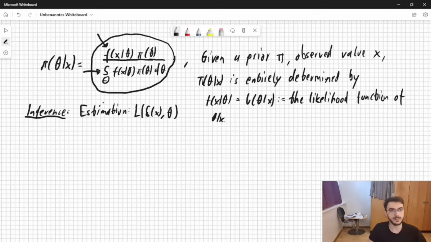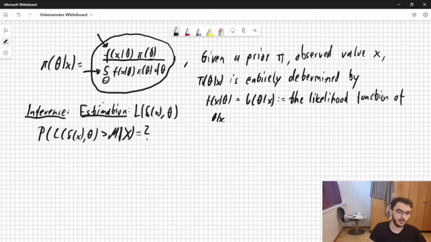And we want to evaluate this loss, for example by computing the probability that the loss is very high, some high number n, given that we observed x, because we can choose the estimator depending on x. This is not what you usually do, but you could think about it. Then the next thing that we're going to do is prediction.